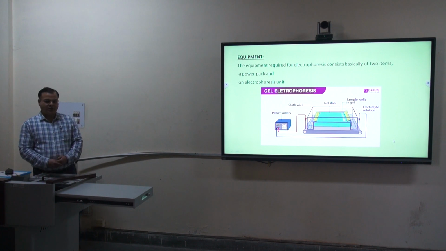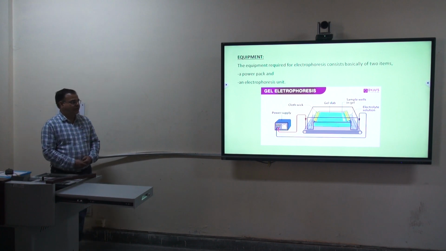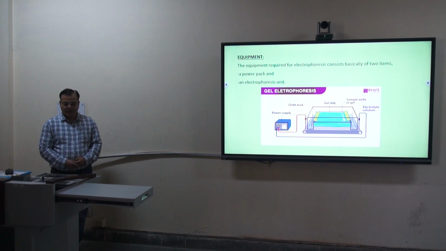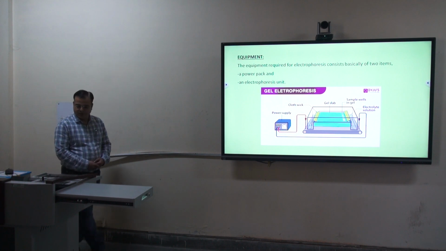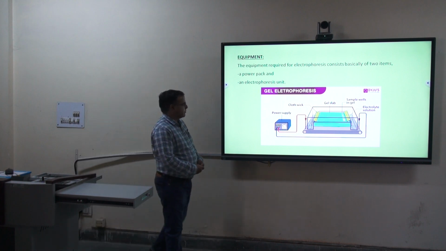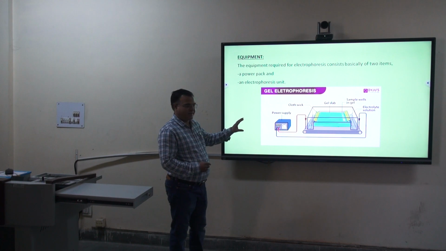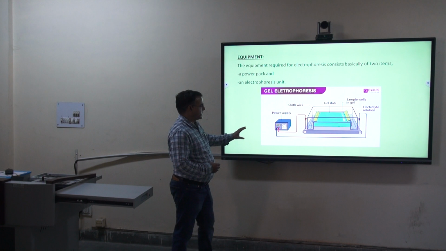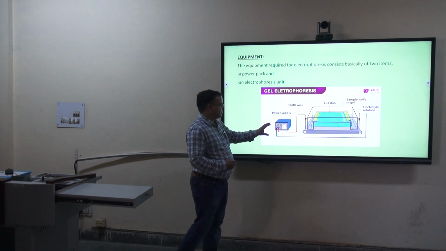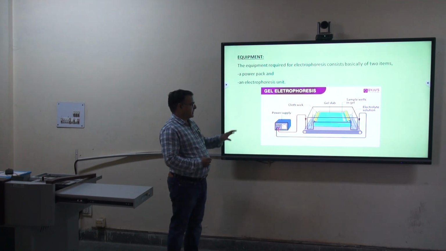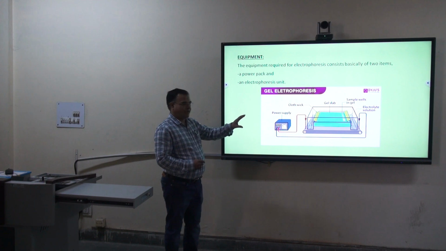This equipment consists of basically two parts: one is the power pack, and the second is the electrophoresis unit. Here you can see the power pack. The power pack supplies direct current, DC. The electrophoresis unit is attached to the power pack, and in the electrophoresis unit, an electric field is created through this power pack.